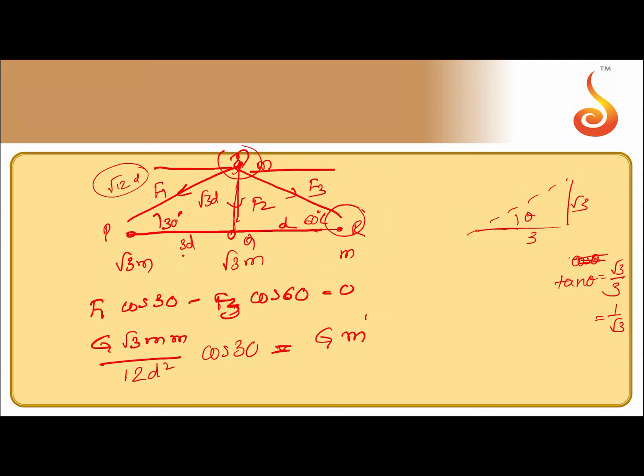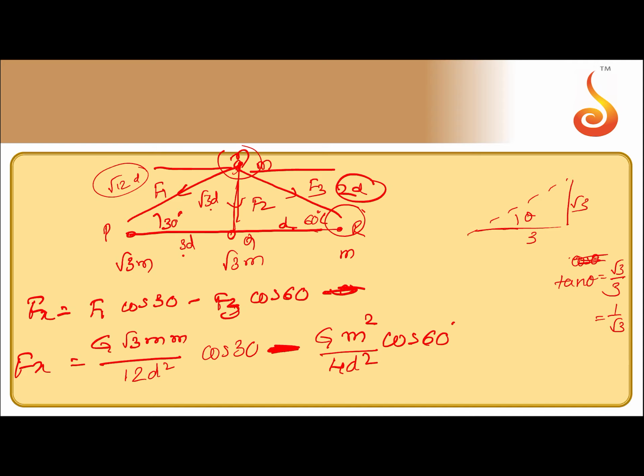G m square divided by, this is root 3, so 3 plus 1, 4, so clearly this is 2d. So 4d square into cos 60. They may not be equal to each other, so I will write Fx is equal to this minus this. And are they equal? We'll cross check it.